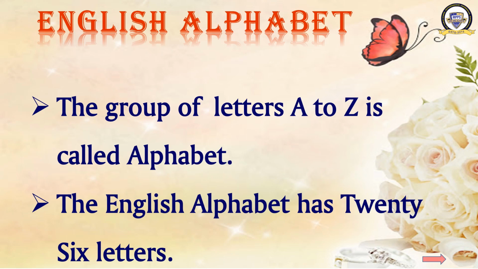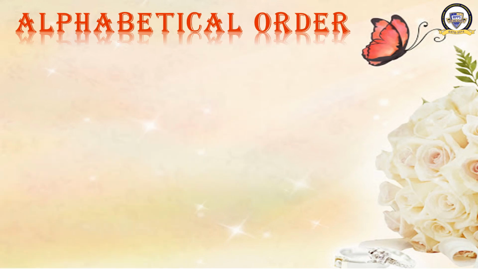Now we will study about the alphabetical order. Now you know what is alphabet. A to Z is called alphabet, and this alphabet has an order. These letters should be written in a proper order. That order is called alphabetical order. I will show you the definition.